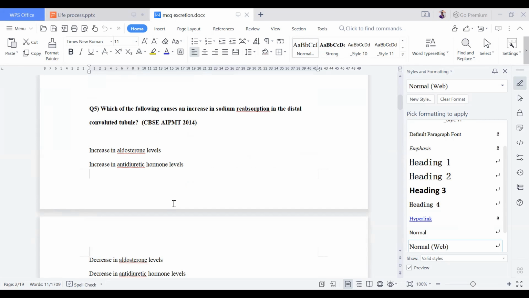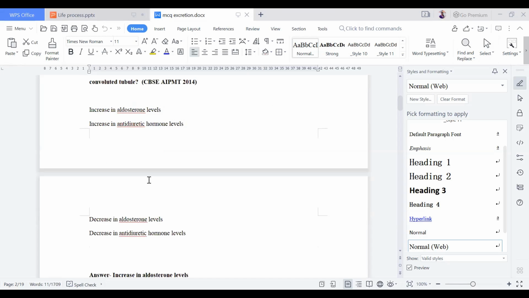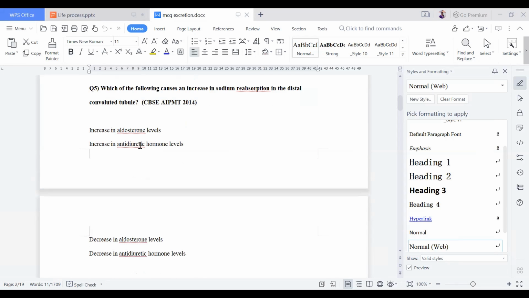Read the question properly and then you can answer. Okay. The answer here is increase in aldosterone level, which makes sodium to be reabsorbed.